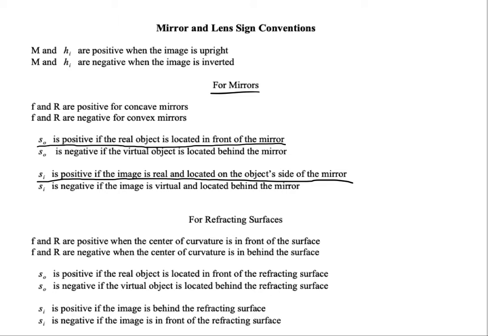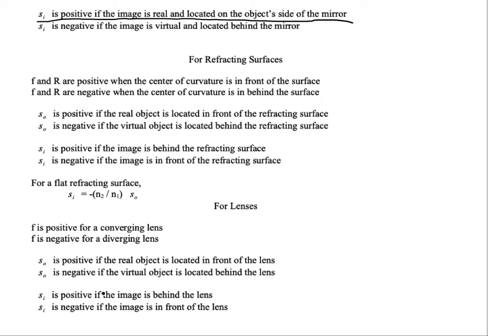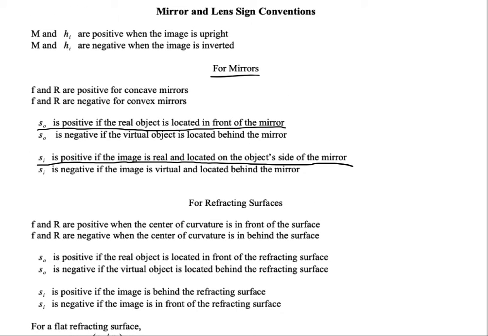So that's one thing that's different from lenses. The guide says that for lenses, SI will be positive when the image is behind the lens and negative when the image is in front of the lens on the same side as the object. So it's just something to be aware of, that for mirrors the convention is different.